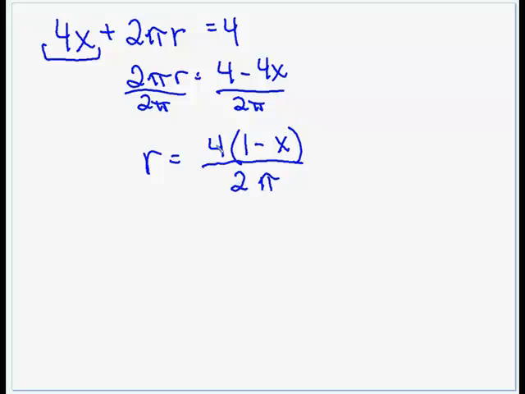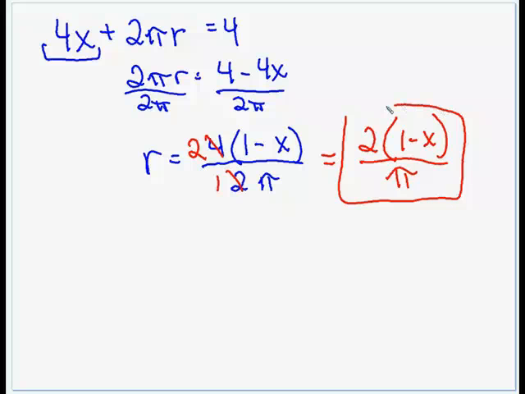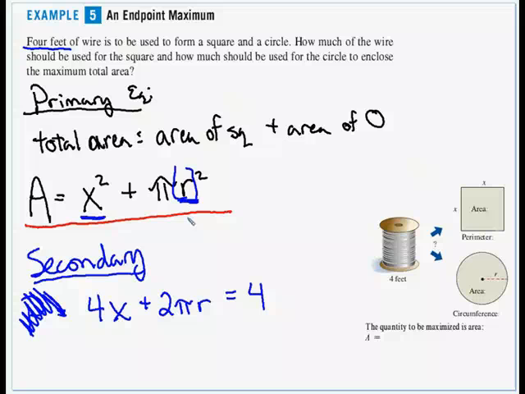And here the 4 and the 2 will cancel down. That'll reduce to a 2, and that'll reduce to a 1. So r equals 2 times the quantity 1 minus x over pi. This is the value of r that we're going to substitute into our primary equation right here.